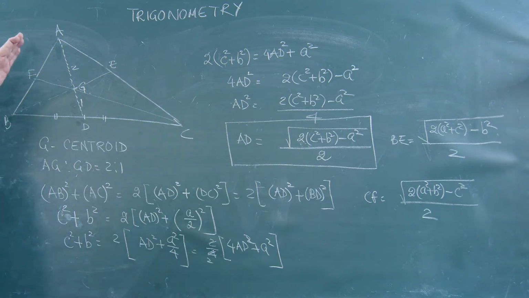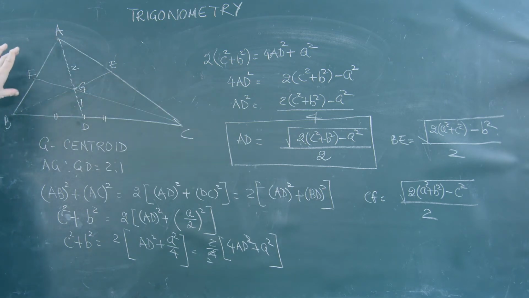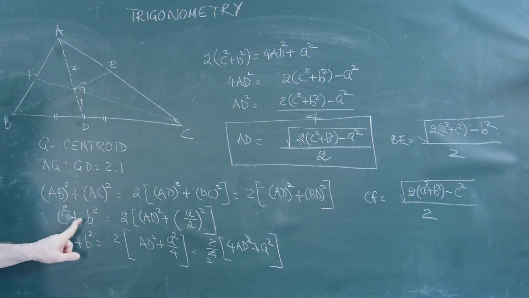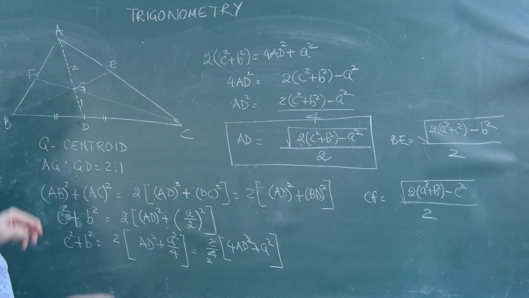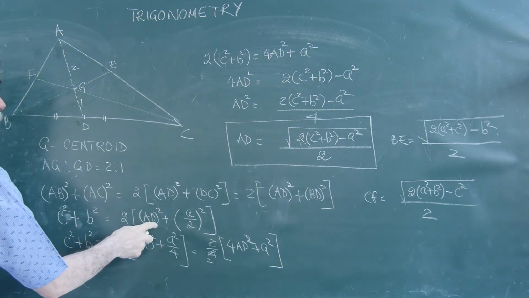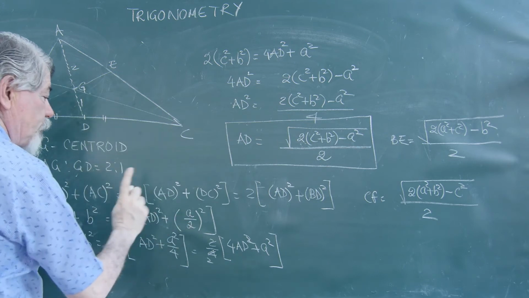The property of the median is that the sum of the squares of the sides which contain the median, like AB is C square, AC is B square, so C square plus B square should be equal to double the sum of the square of the median plus half of the base, A by 2 here.